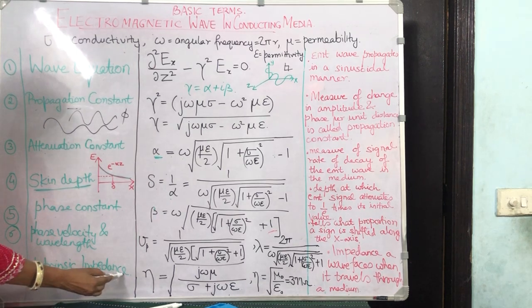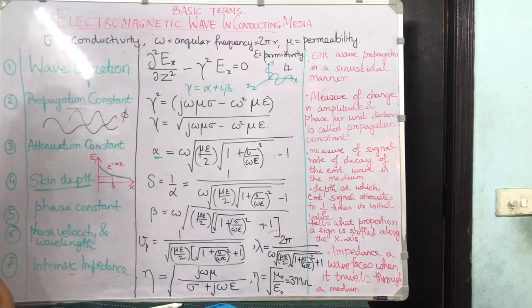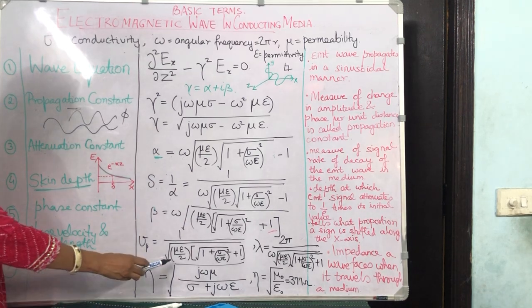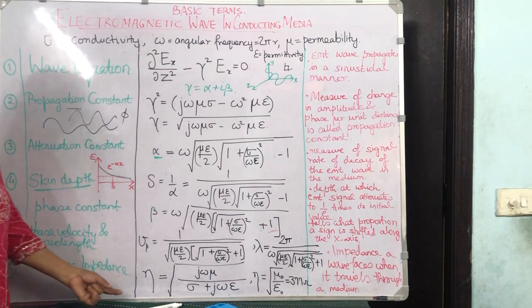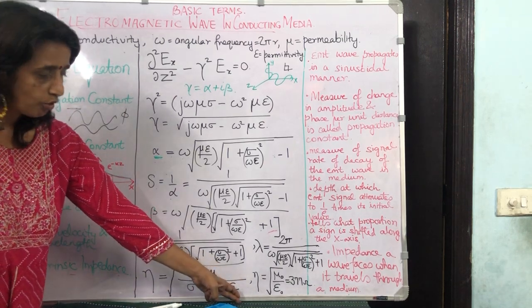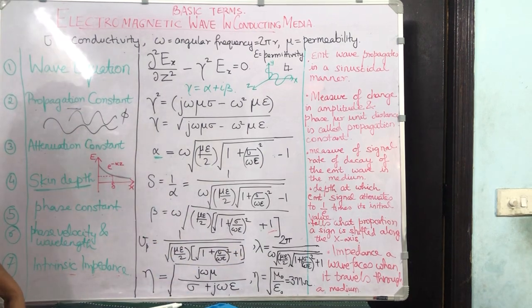Intrinsic impedance. Impedance is what a wave faces when it is traveling through a media. So intrinsic impedance is given by eta is equal to under root of j omega mu upon sigma plus j omega epsilon, and in vacuum or air, eta is equal to under root of mu naught upon epsilon naught.